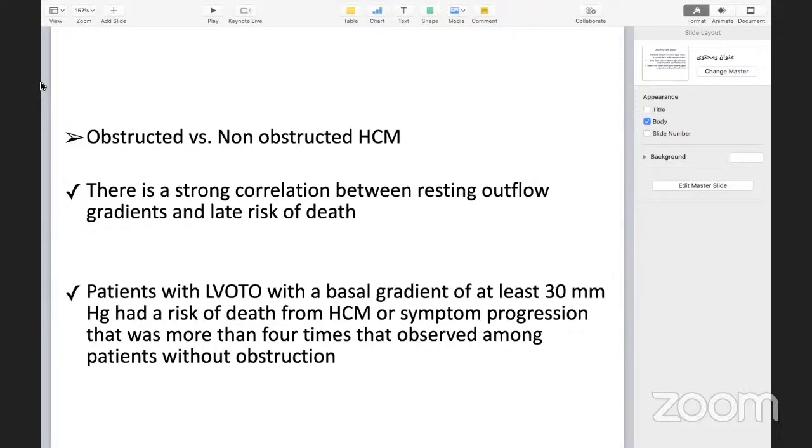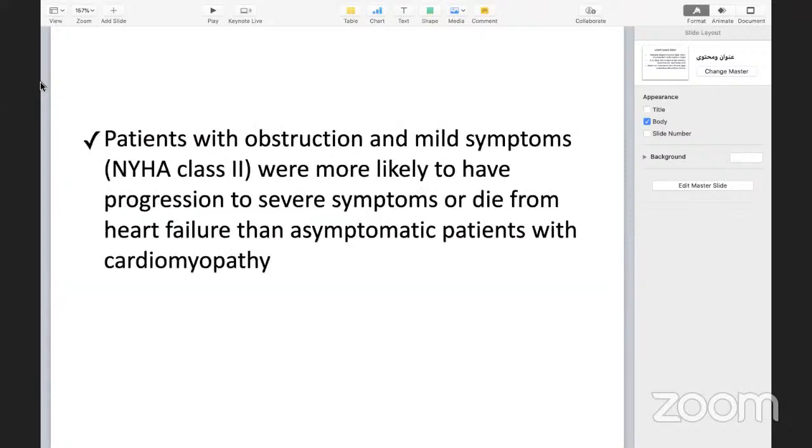So they have a poorer prognosis than those without obstruction. Patients with obstruction and mild symptoms like NYHA class 2 were more likely to progress to severe symptoms or die from heart failure than asymptomatic patients with cardiomyopathy.